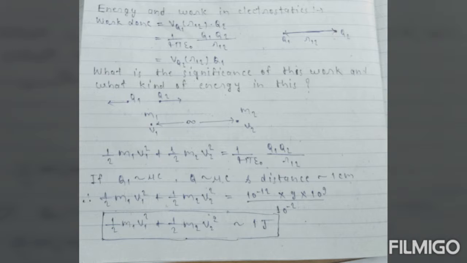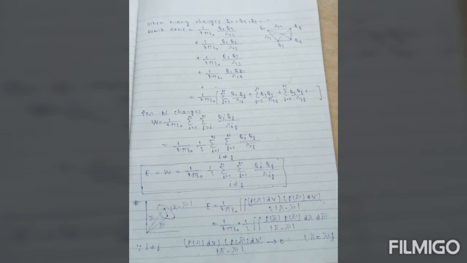This is the kind of energy we are talking about. If these are microcoulombs, then the energy is of the order of 1 joule if they are at a distance of 1 centimeter. Imagine what would happen if there were 1 coulomb. Then the energy would be 10 raised to 9. You can already see that 1 coulomb is a lot of charge.